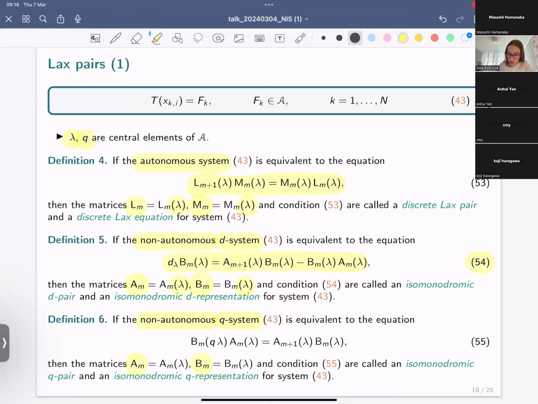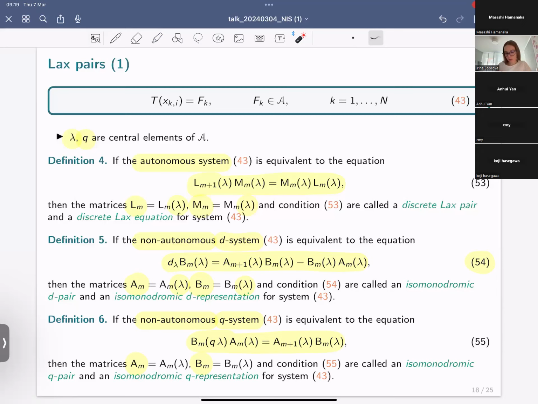And if condition 55, which is given by this formula, holds, let me mention that this argument is multiplied by Q. Then these two matrices, A and B, we will call an isomonodromic Q pair, and condition 55 we will call an isomonodromic Q representation of our non-autonomous system of Q type.